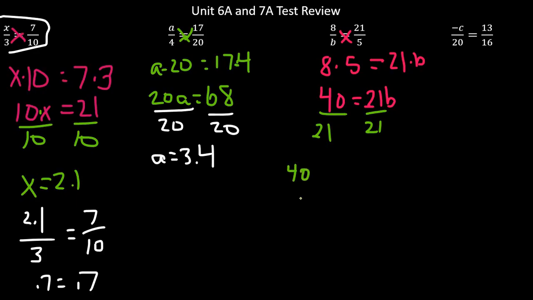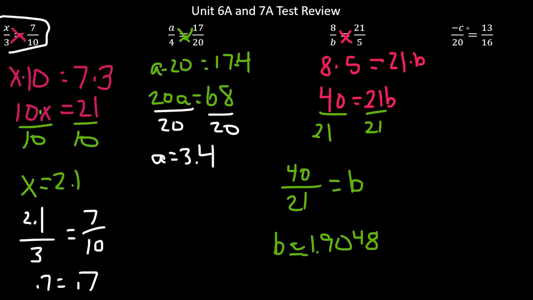If it wants an exact form, we're going to say 40 over 21 equals b. If we want to round it, then it'll tell us to what decimal to round it to. So we could say it's about 1.90, we'll say 48. It just depends on whether they tell you to round it.